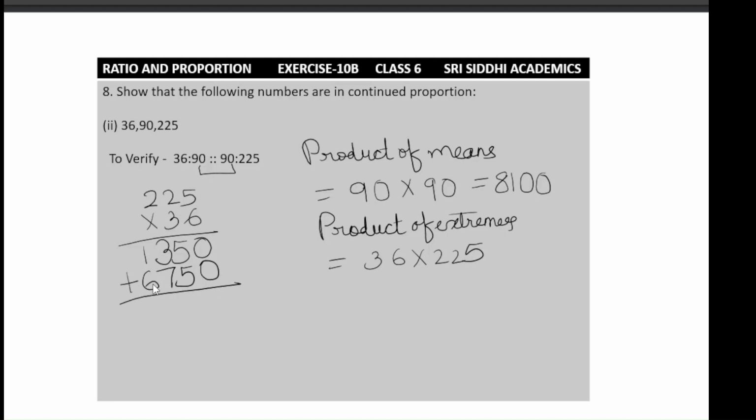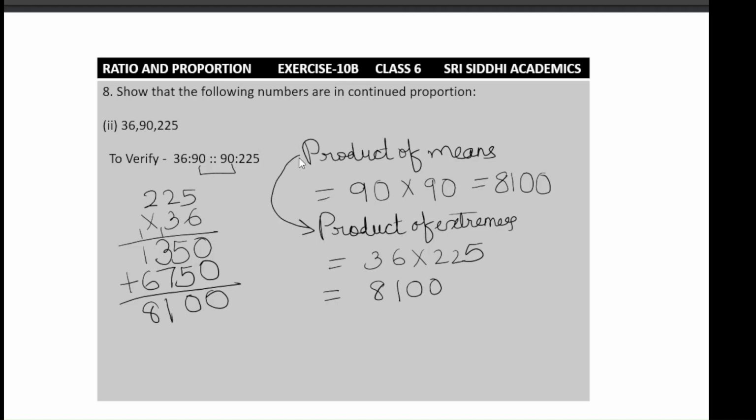Now let's add all this up, 5 plus 5 is 10, this 0 I'll write, 1 got carried over, 3 plus 1 is 4, 4 plus 7 is 11, again 1 got carried over, 6 plus 2 is 8. So again we got product of means is equal to product of extremes, both are equal.